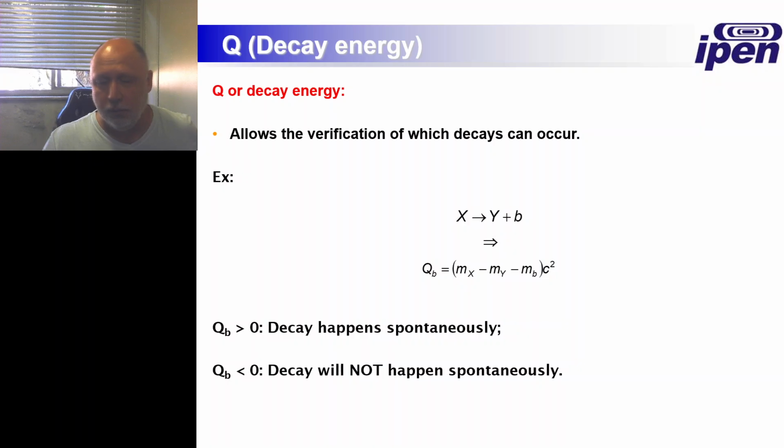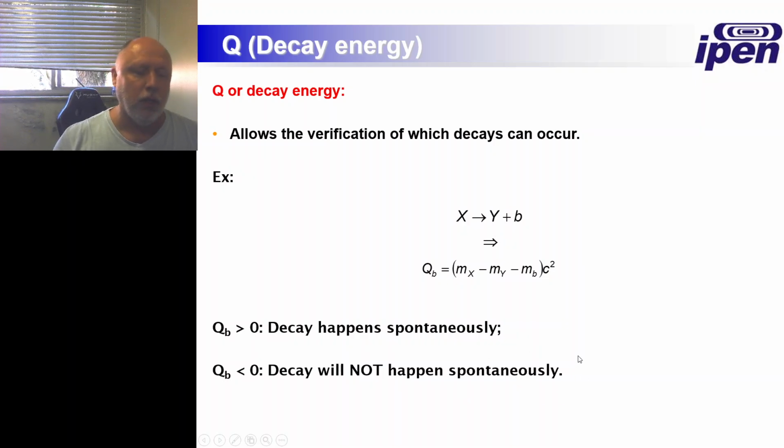I have a system here. It has a certain amount of energy in the form of mass. I can release energy if I reduce the mass, but I cannot increase the mass because there's no energy for that, right? So when Q is smaller than 0, this decay will not happen spontaneously.